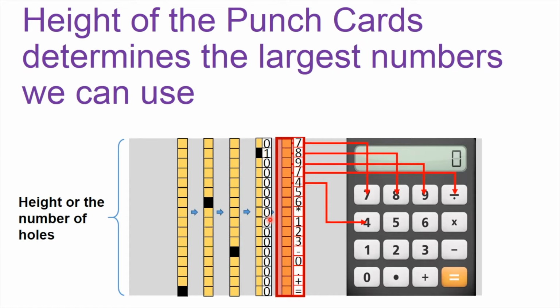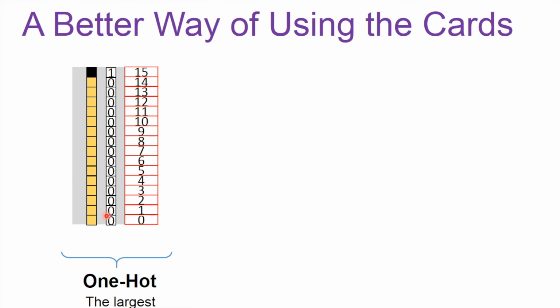You cannot punch a large number in that case. In the punch card example, we're using what we called one-hot representation of numbers there. In that case, it's such a waste because the largest number you can save is 15.